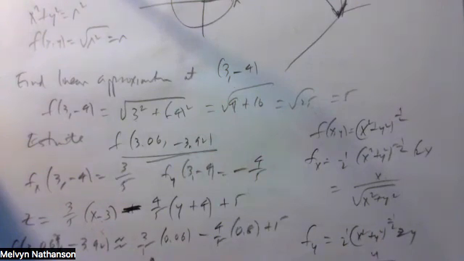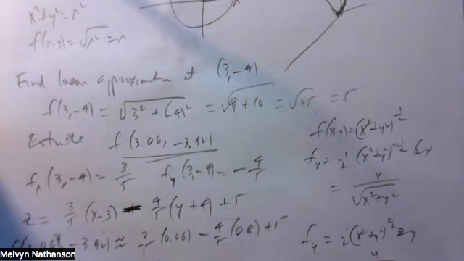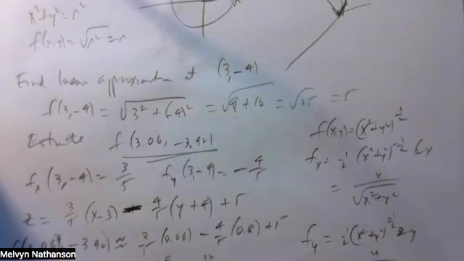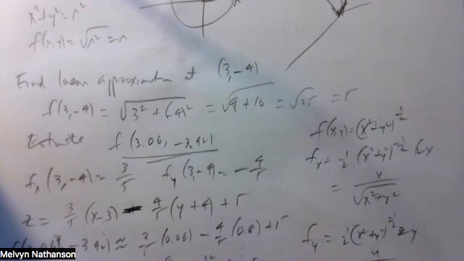So this is 0.18 over 5 minus 0.32 over 5 plus 5. So that's 5 minus 0.16 over 5.